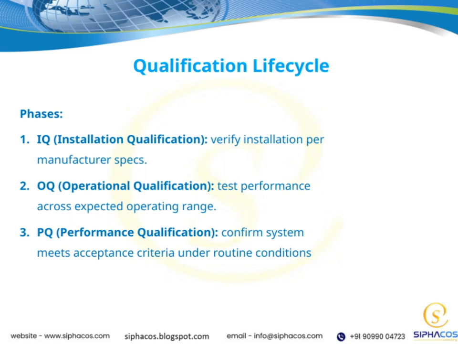It's about validating that everything continues to work as it should in real-world, everyday use. Connecting this to our overall theme, these phases help us maintain quality, compliance, and confidence in our processes. They form a structured approach to validating our systems from installation through routine operation, ensuring ongoing quality and performance.